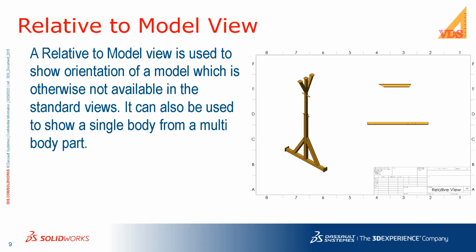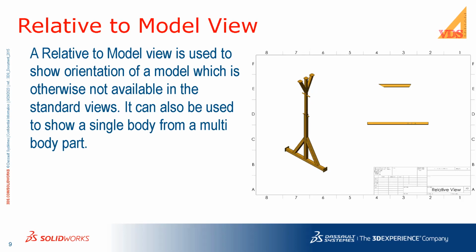So instead, we can use relative to model view and select a particular body which we want to show as an individual view. This is very helpful when you work with weldments or multi-body parts and you want to detail out individual bodies.